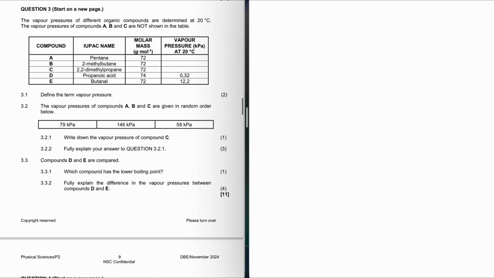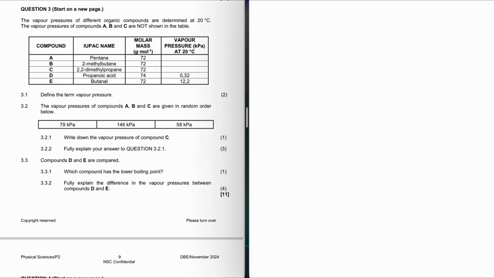Now moving on to question number 3. The vapor pressures of different organic compounds are determined at 20 degrees Celsius. The vapor pressures of compounds A, B, and C are not drawn in the table. 3.1 we leave out.